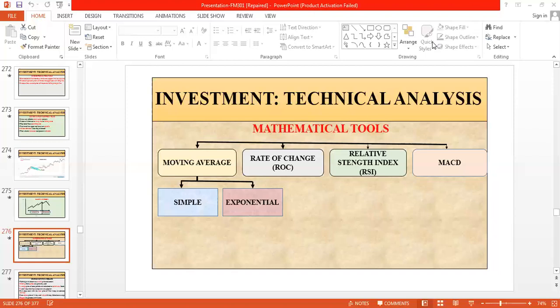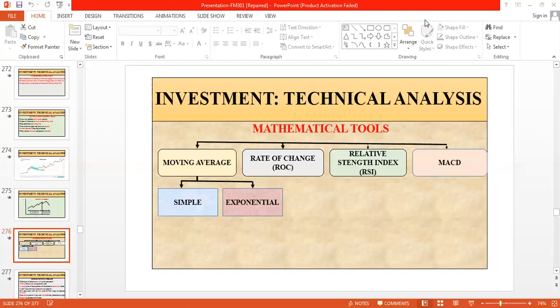We will discuss the MACD in detail afterwards with the help of some mathematics. First, we will consider moving average. It can be of two types, simple and exponential.